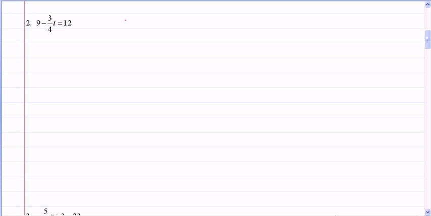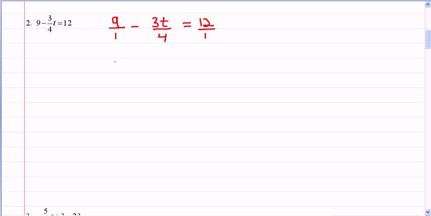For number 2, 9 minus 3/4 t equals 12. So I start by writing this as 9 over 1 minus 3t over 4 instead of 3/4 t, just move the variable up to the numerator, equals 12 over 1.